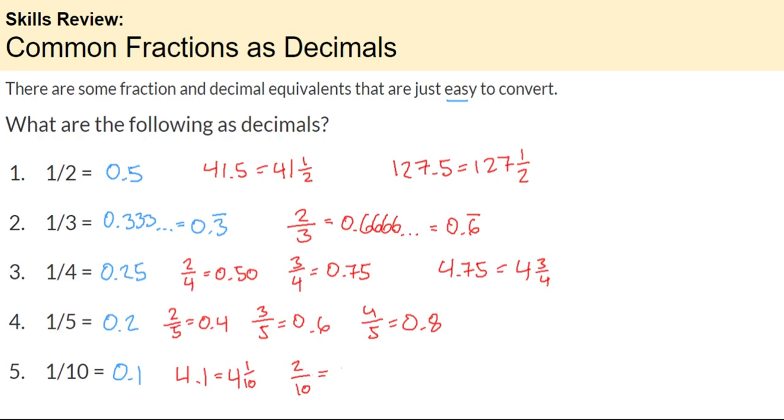So 2/10 is 0.2, and 1/5 is 0.2. 3/10 is 0.3. 4/10 is 0.4. Notice 4/10 is the same as 2/5. 5/10 is 0.5, the same as 1/2.